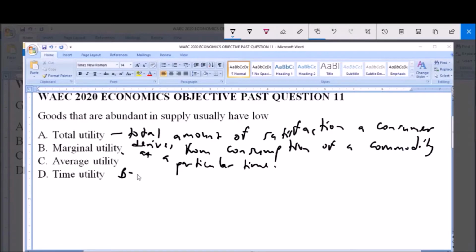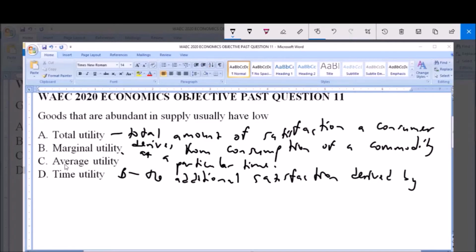Option B, which is marginal utility, refers to the additional satisfaction derived by consuming an extra unit of a commodity.